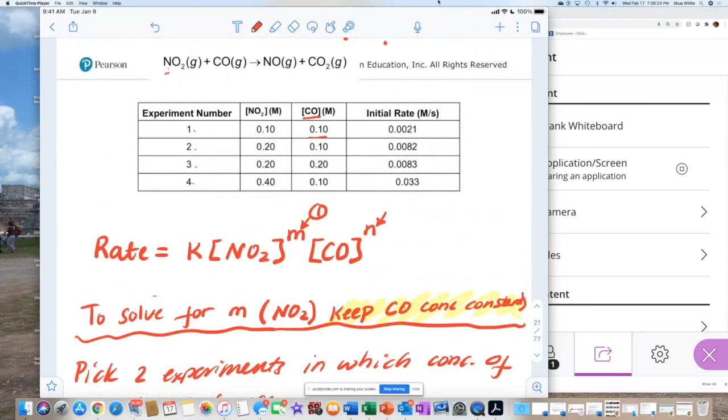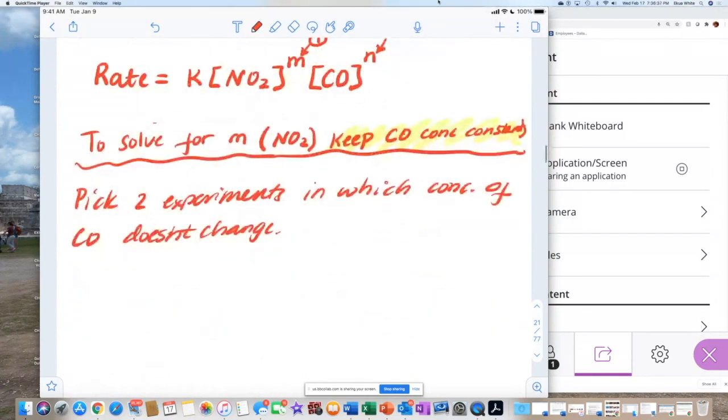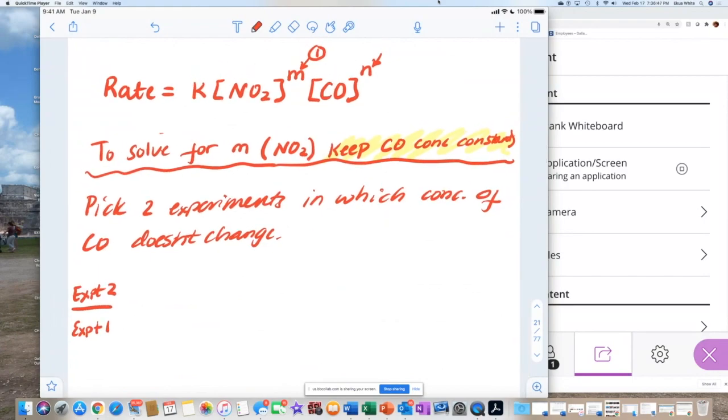CO, 0.1, 0.1 doesn't change. Will that work? Sure. So I'm going to pick experiment 1 and experiment 2. And for our purposes, I'm just going to give a shortcut. I like the big numbers on top. So I'm going to work here and say experiment 2 divided by experiment 1. Okay? So write your rate law.